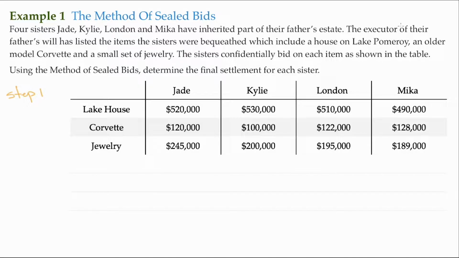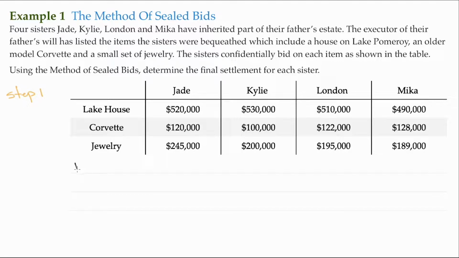So the executor collects Jade's bids. In total, Jade bid $885,000 for her father's estate, broken up into these three items. We tally all this up, so she believes everything is worth $885,000. However, she has to split that with three other sisters, so we take her total and divide it by 4.